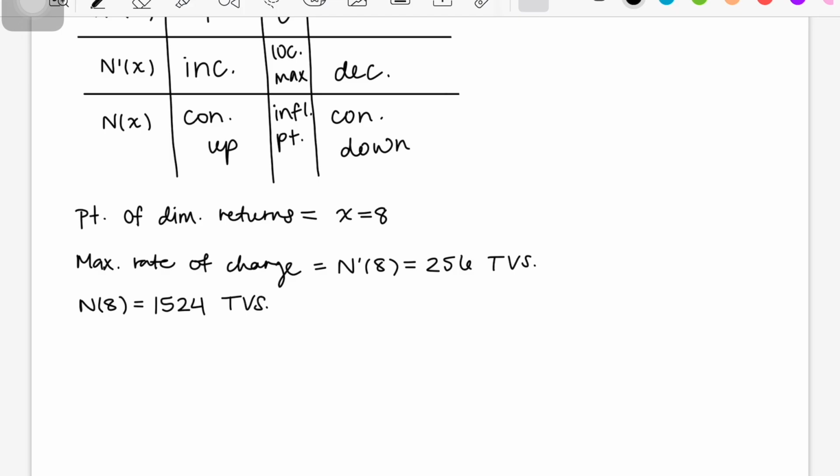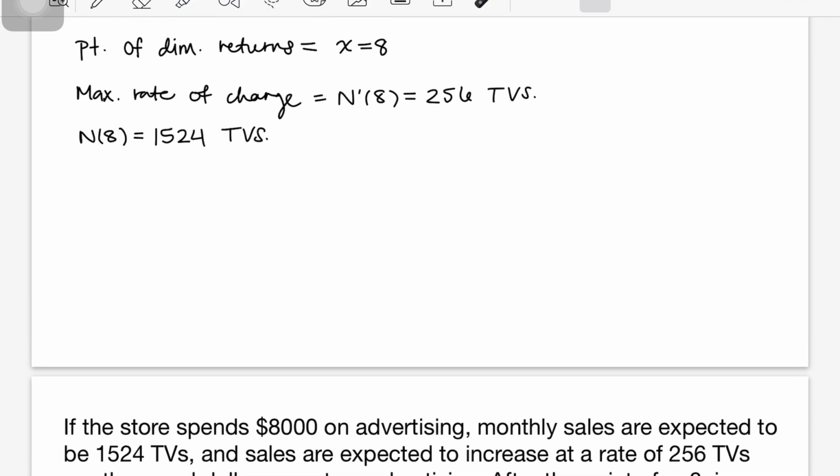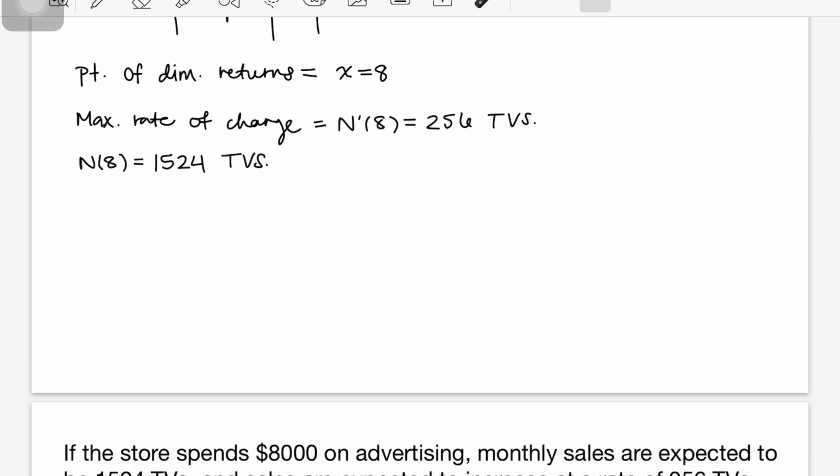Okay, so what this information tells us is that if the store spends $8,000 on advertising, our monthly sales are expected to be 1,524, because remember, our function n of x represents our monthly sales. And we also see that sales are expected to increase at a rate of 256 TVs per $1,000 spent on advertising.